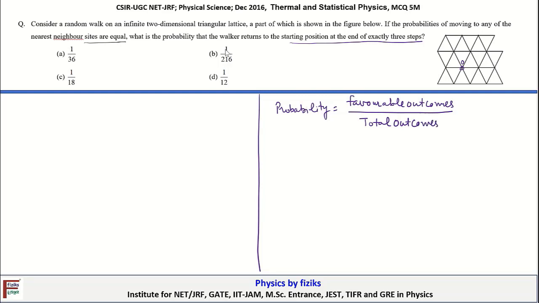Okay, so when the random walker is taking the first step, so at point O, step 1.